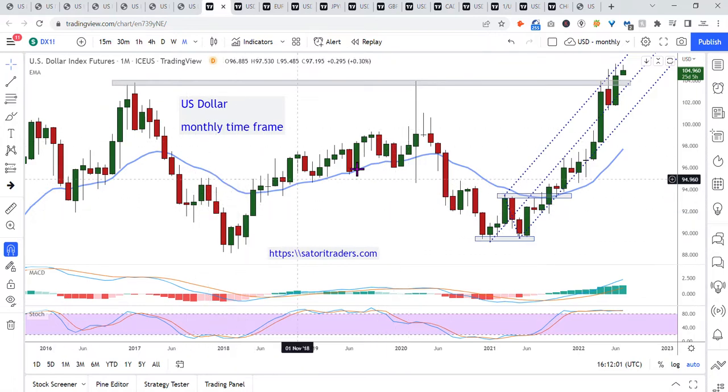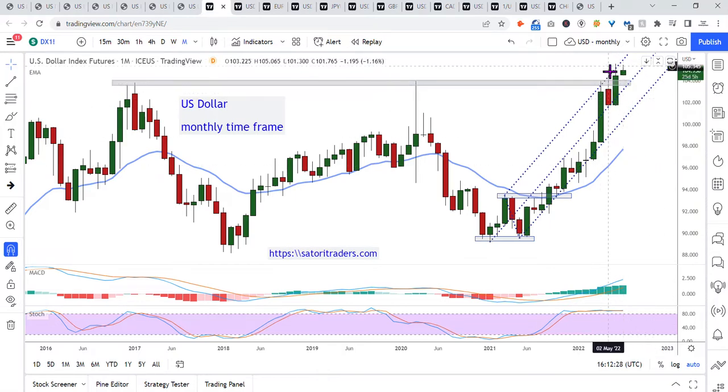Here in the US dollar, we can see we're currently at 104.96, so almost 105. I've seen several analysts talking about the US dollar potentially topping here, and that's not what I see at all. I mean, we do have signs of topping. If we look at these upper wicks on these candles, we could say, yeah, that's topping action.